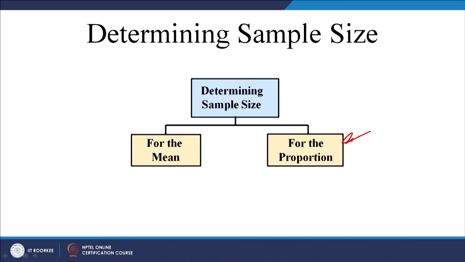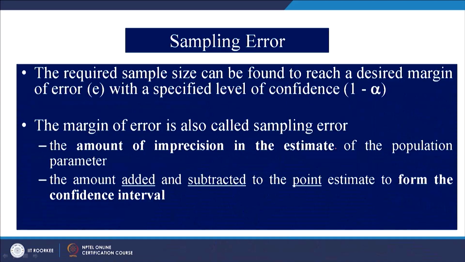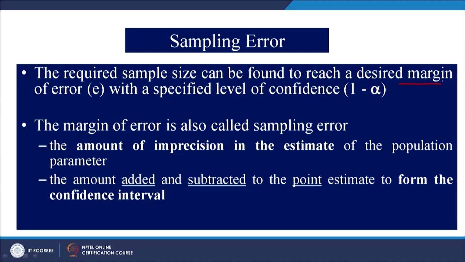Let us determine sample size for the mean, right. We determine sample size for proportion. So, we know that sampling error would have to be there for calculation of sample size. So, it can be found to reach a desired margin of error with a specified level of confidence.